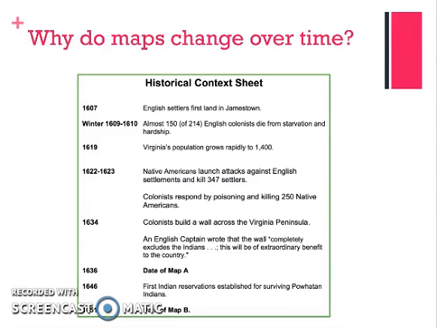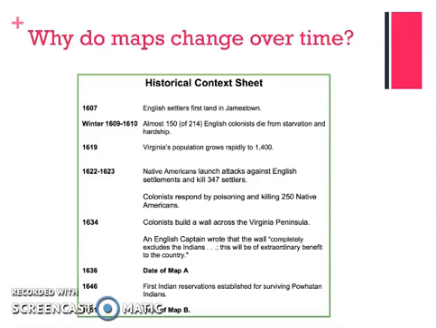the settlers first arrived in Jamestown. Their population, after a pretty horrific winter, begins to grow, and then there's significant conflict between the Native Americans and the English settlers. And it's after that that a wall is built and Map A is created.